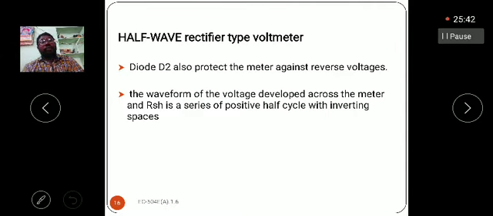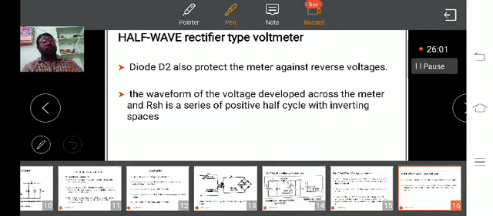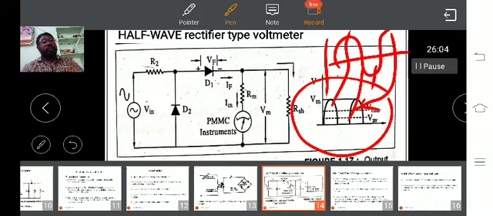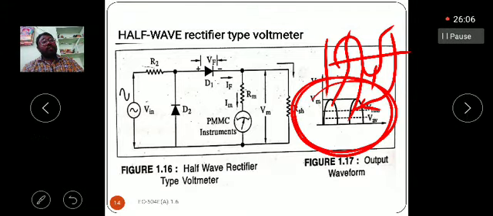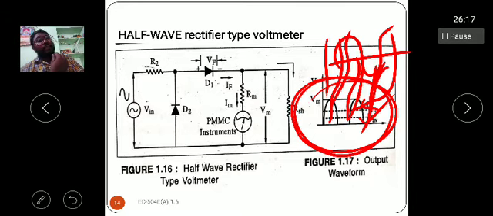Whenever the negative half cycle is applied to the circuit, we do not get output; only when the positive signal is given to the half wave rectifier is the output present. This is the half wave rectifier output waveform: the positive half cycle, then in the negative half cycle the voltage drop is 0, then again a positive half cycle. We get the positive peak only, with gaps in between, meaning the negative input signal produces no output.